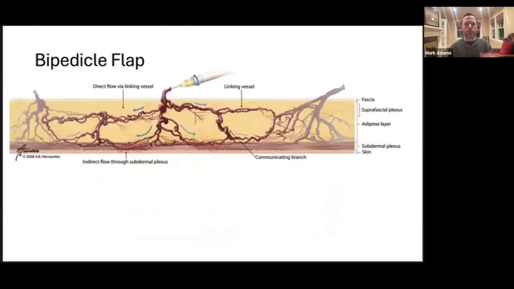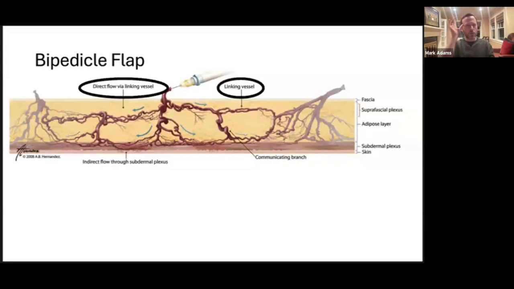And so random pattern cutaneous blood flow is created through this network. By the time a source artery, such as the superior gluteal, reaches the skin surface, it creates perforators, each with distinct territories. The perforators are linked to other adjacent perforator areas by what they call direct means and indirect means.